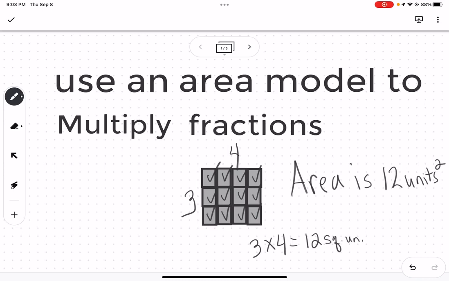So we have the model for the understanding, but then there's the shortcut that we could take. And in the future, you don't need to have it broken up into pieces. I don't even need to give you a picture of a figure. I can just say to you, okay, if I have a length of 2, a width of 6, or vice versa, what would the area be in this rectangle? And you would tell me 12 square units.